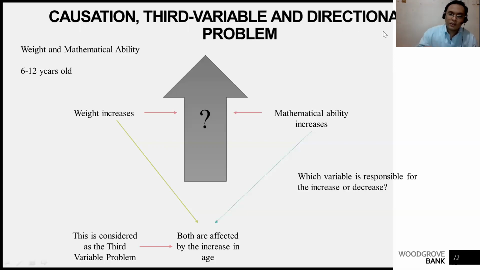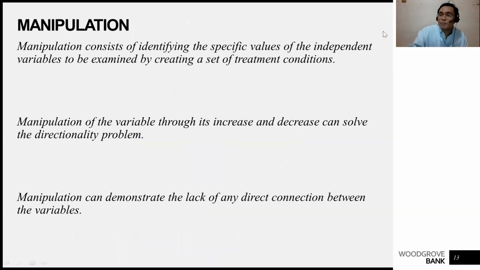So we need also to measure the weight, the mathematical ability, the age, and determine if there is also an increase in their educational level. There are many instances where this problem happens, and in order to eliminate this kind of problem, we have manipulation.